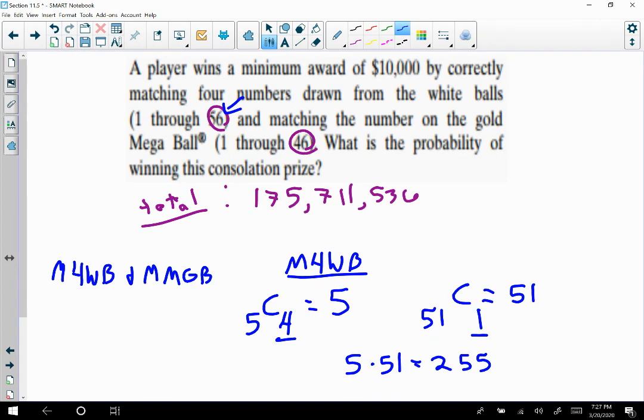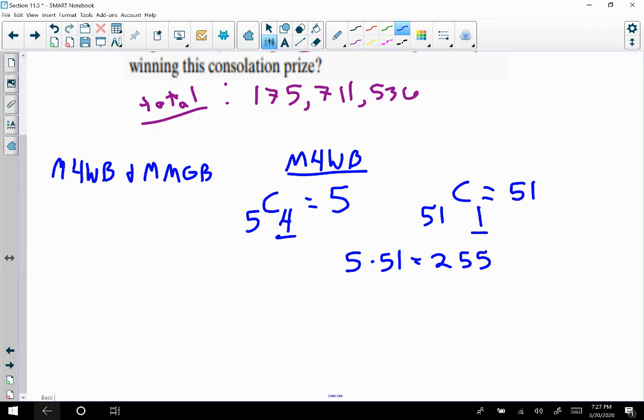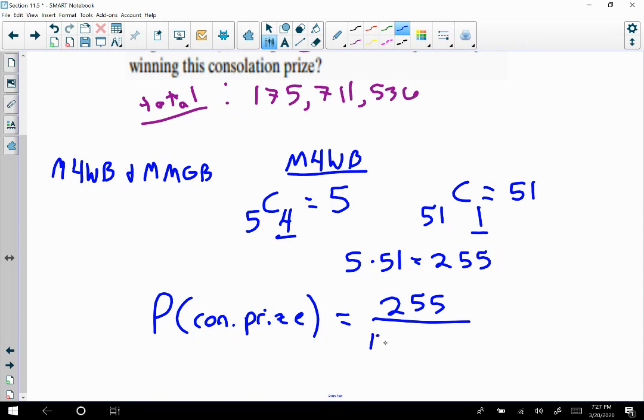So if we want the probability of the consolation prize, which is that situation that I have described above, we're going to match 4 white balls, and we're going to match the mega gold ball. All we're going to do is put that 255 over the 175,711,536.